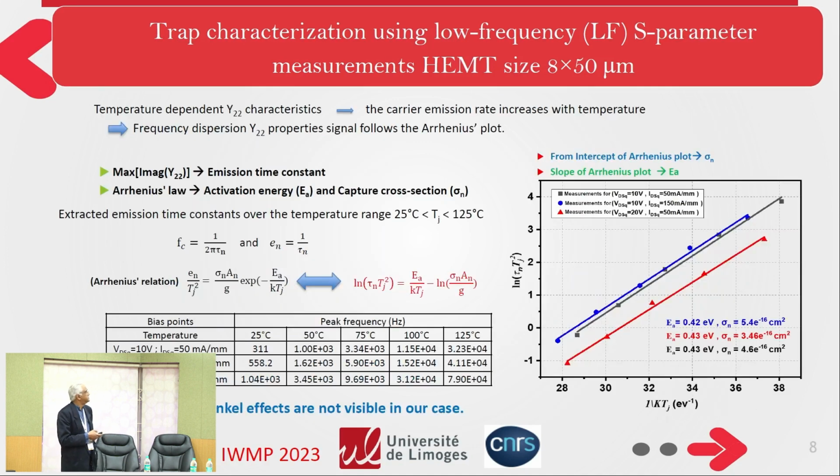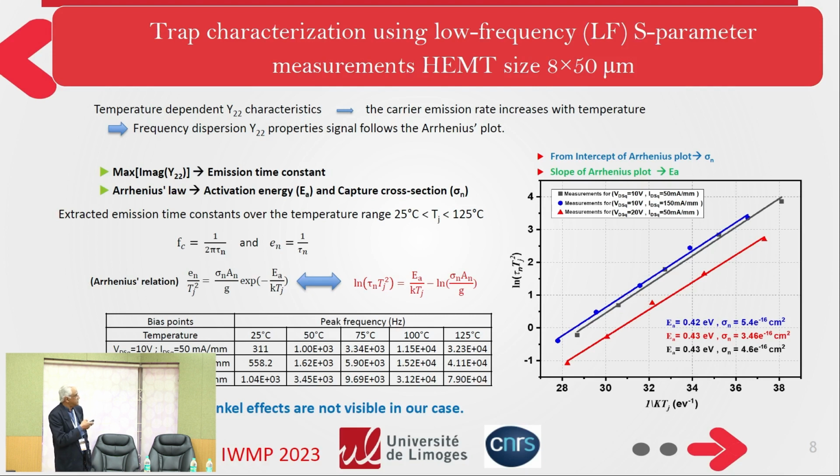So temperature dependent Y22 characteristics show the carrier emission rate increases with temperature. That is, the frequency dispersion of the Y22 signal follows the Arrhenius plot. By taking the peak position of Y22, we can calculate the emission time constant, and by taking into account the Arrhenius relation and plotting the Arrhenius plot, we can obtain the activation energy from the slope of the Arrhenius plot and the capture cross section from its intercept.